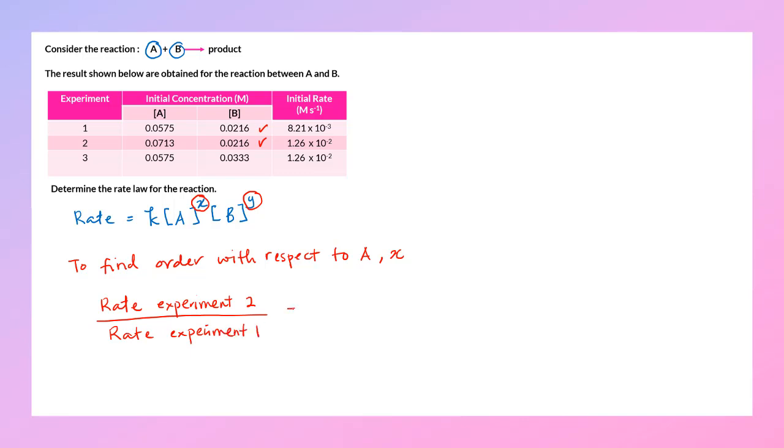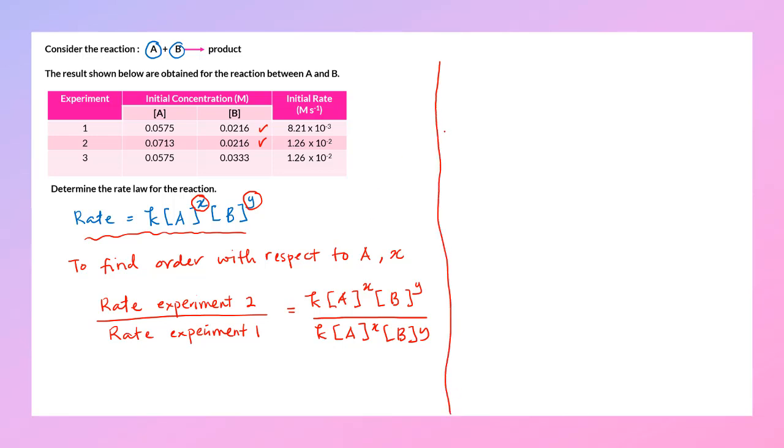which equals, actually this is the same as the rate law. So it is equal to K times, now look at the data for experiment 2, K times concentration of A to the power of X times concentration of B to the power of Y, and the same goes for experiment 1, equals K times concentration of A to the power of X times concentration of B to the power of Y. Now we are going to substitute all the data.